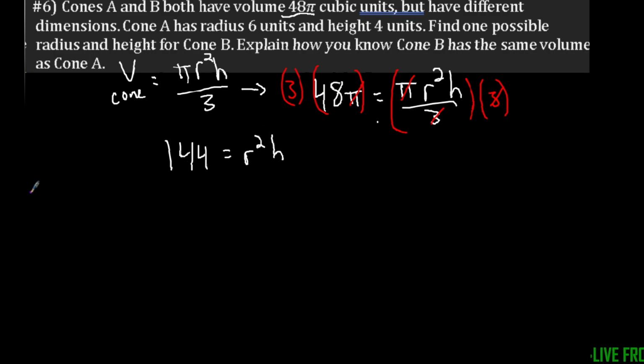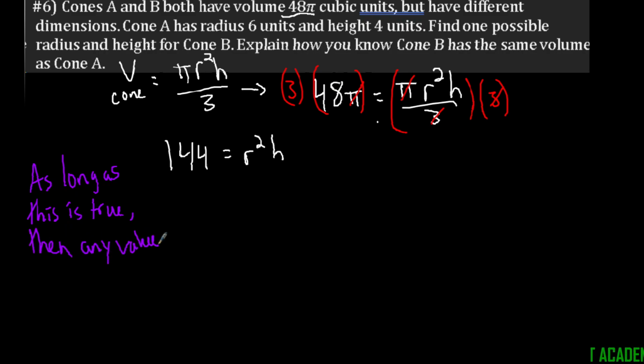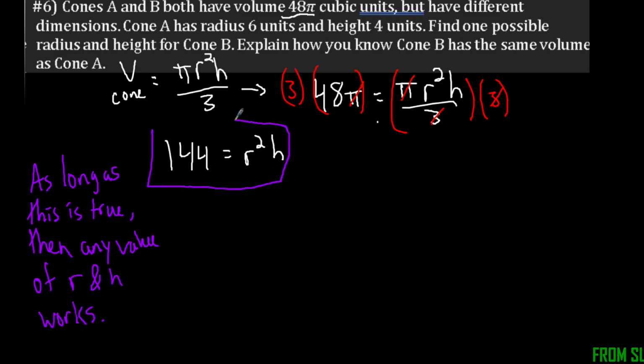As long as this is true, then any values of r and h work. As long as this part is true, then we know we are good. So as long as r squared times h equals 144, we're good.